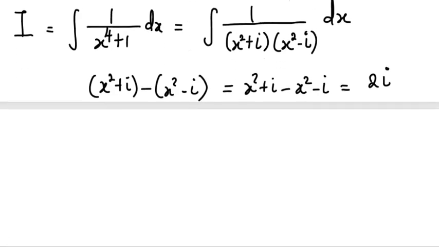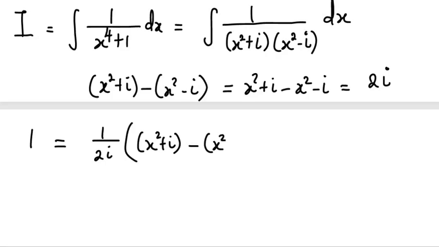And don't forget that at the numerator we have 1. So 1 can be written in the form 1 divided by 2i, then multiplied by the difference, x squared plus i minus x squared minus i.